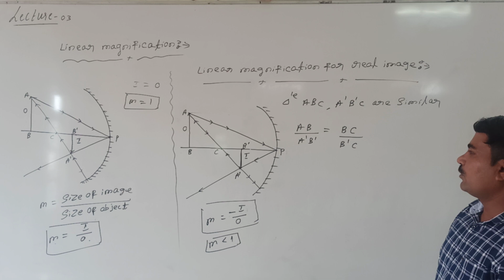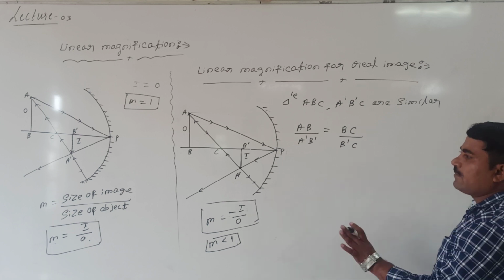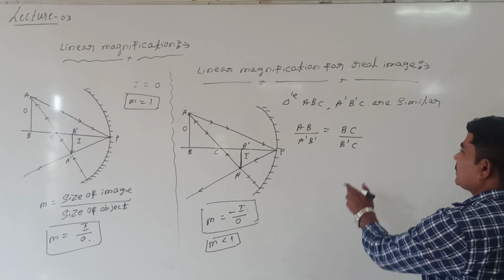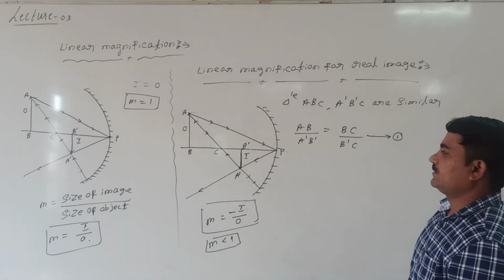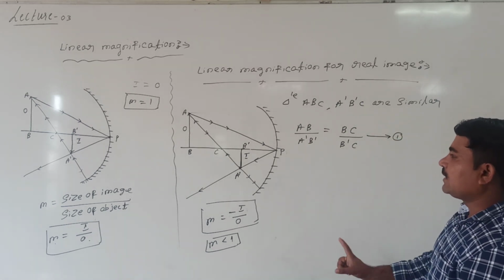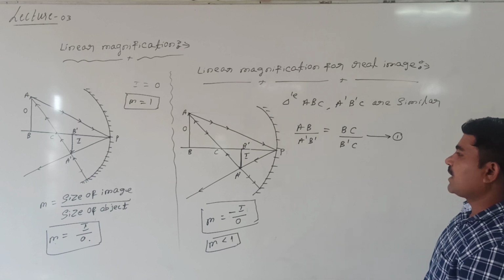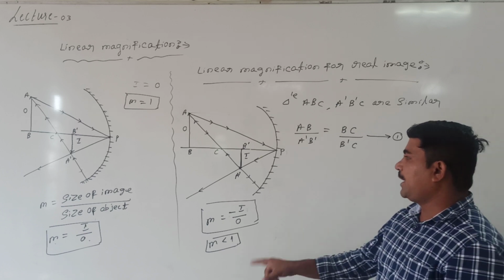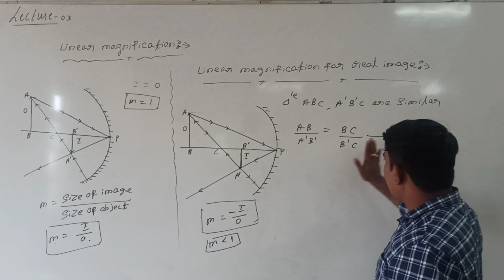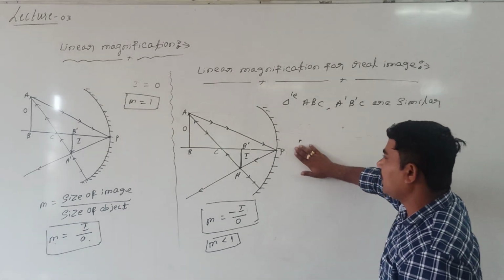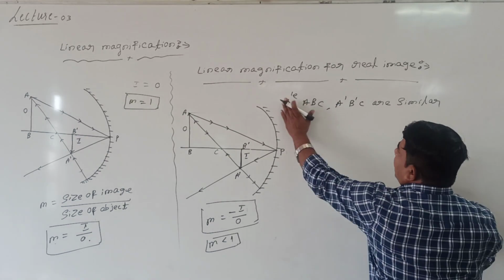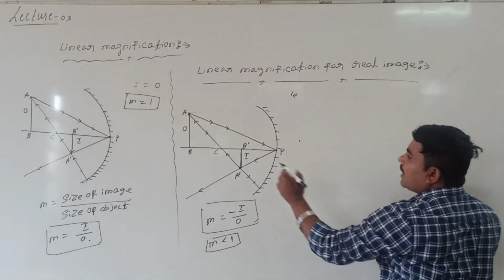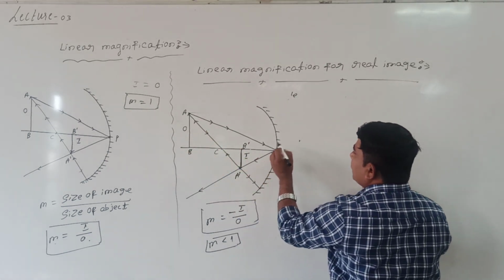I can take one more triangle. Look at me here; I need the image only. Shall I call this equation number 1 now? Other than this, one more triangle is there.